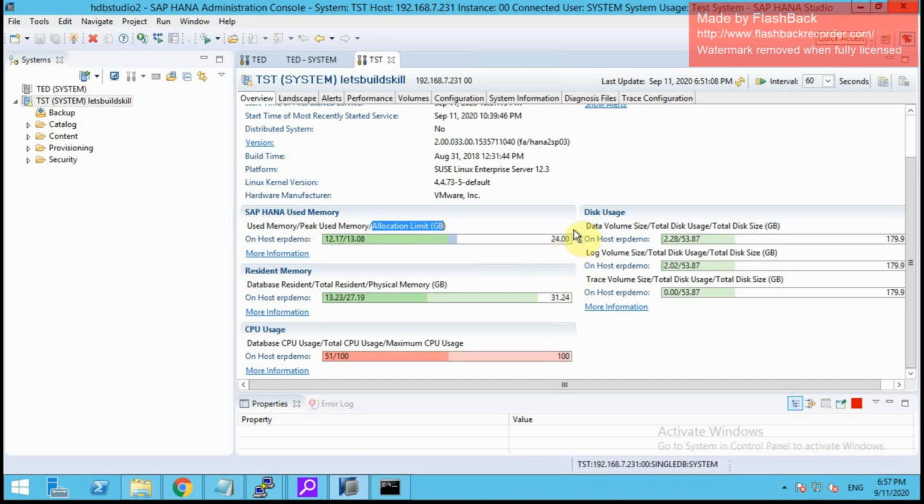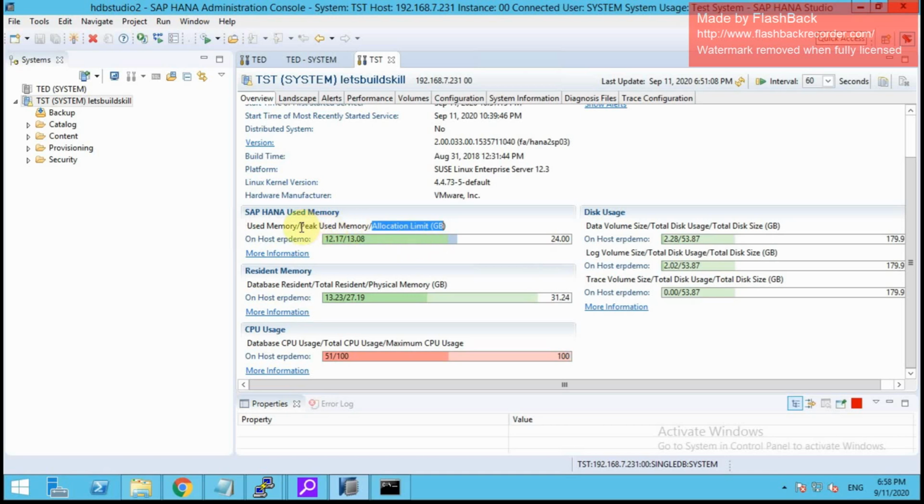In case a user wants to get more memory, the system will not allow it, the system may hang and may crash, or it may give a runtime dump or an out of memory dump. So it's in your hands how to limit the allocation limit for the HANA database.